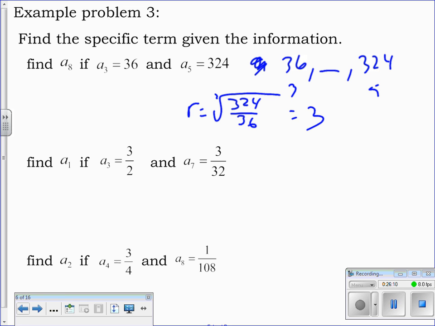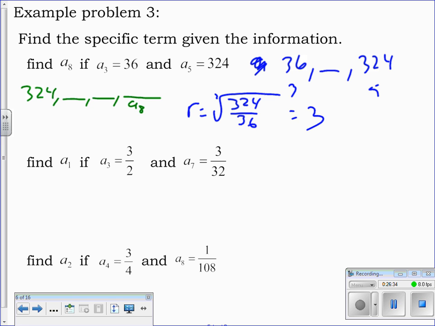Now, rather than trying to plug R into the formula, put in 3 here, put in 3 for the power, sit 6, and figure out what a sub 1 is, that's a pain. You can do it, but it's a pain. But look at this. I'm going from a sub 5, 324, there's 6, 7, a sub 8. I want that term.